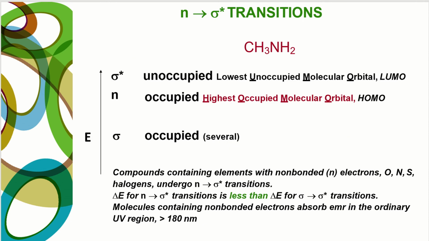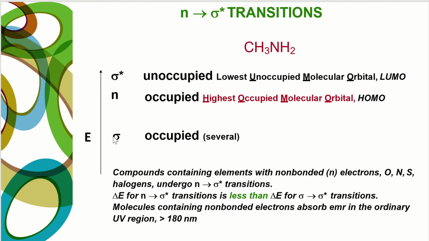All right. So compounds containing elements with non-bonded, and that's n electrons, that is oxygen, nitrogen, sulfur, halogens, which I mentioned already, they undergo n to sigma star transitions. The change in energy for n to sigma star transitions is less than the change in energy, and that is from here to here, right?